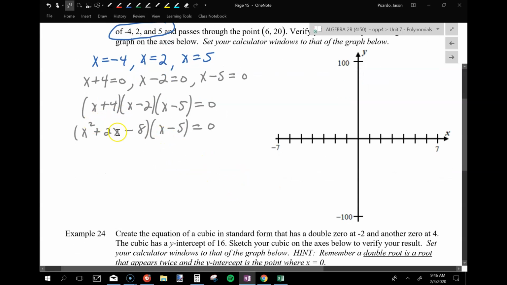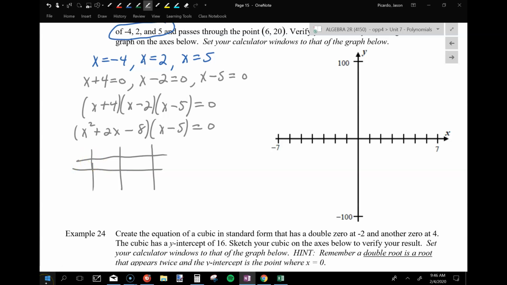So now I want to multiply these 2 things together, because it's 4x and -2x. Got it? How many things do I have here? 3. How many things do I have here? 2. So if I play tic-tac-toe, it's going to be 3 lines and 2 lines.